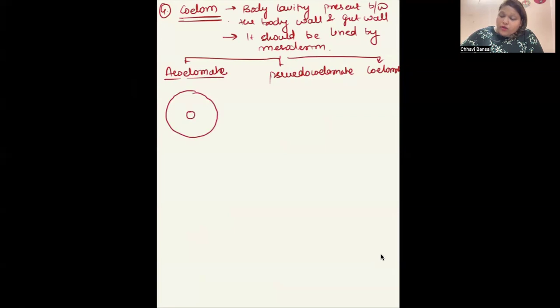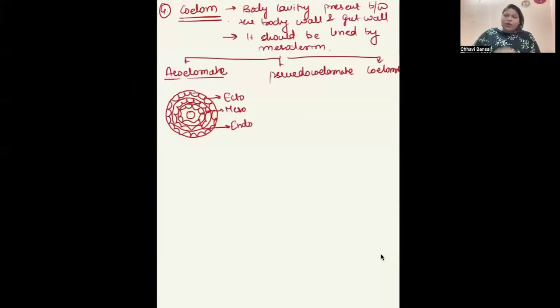Body wall, gut wall, ectoderm, mesoderm, and then endoderm. There is no cavity present. You have the body wall, you have the gut wall. That is acoelomate.